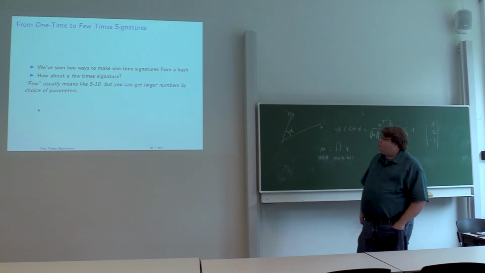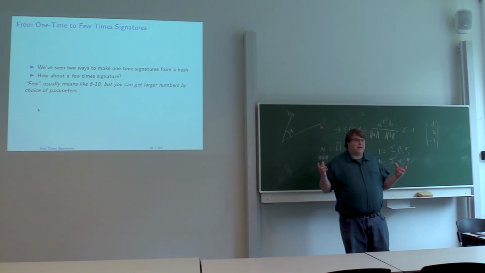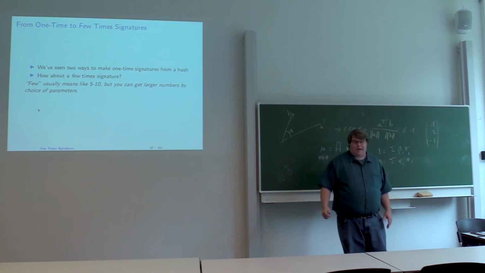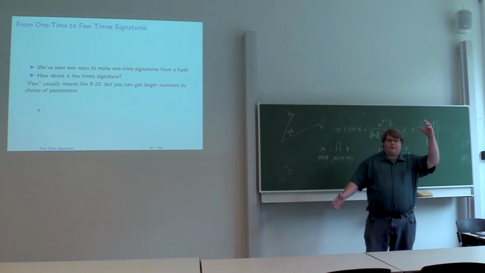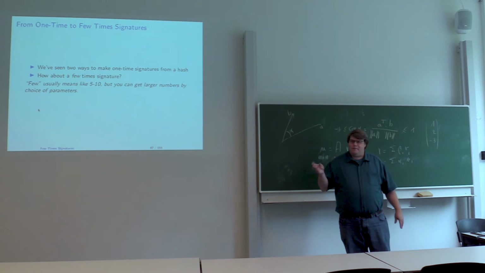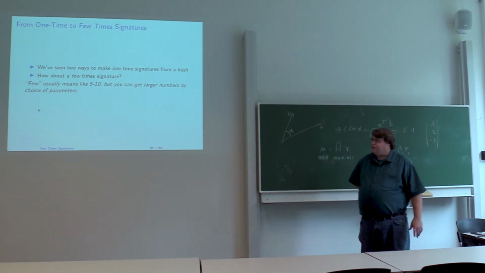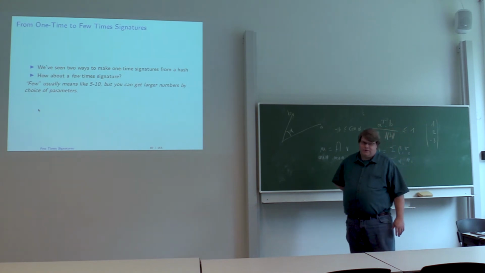There's also a way that we know to make a few-time signature. Now, I should say you could make a few-time signature out of Lamport signatures too, right? You just hash a really big hash string, and then it would take longer until you'd revealed enough bits to let an attacker forge signatures. But that's really, really inefficient, right?